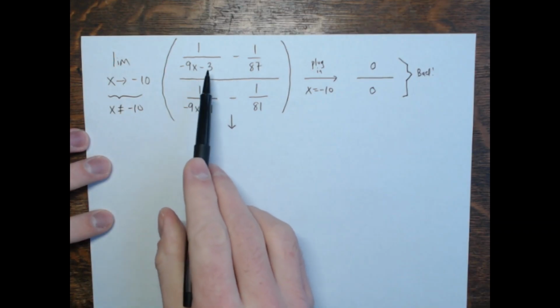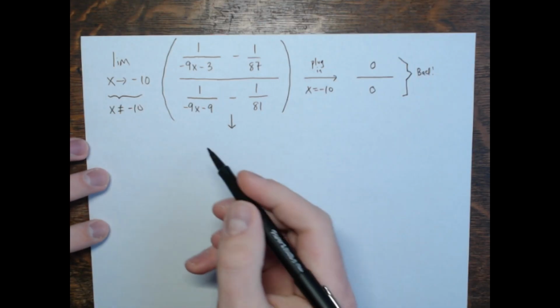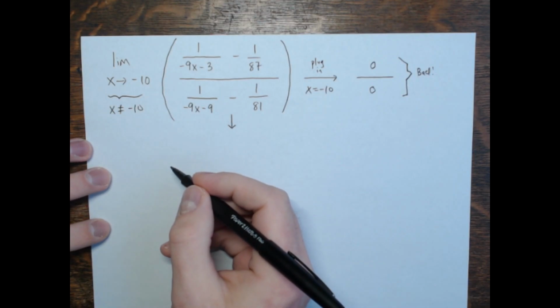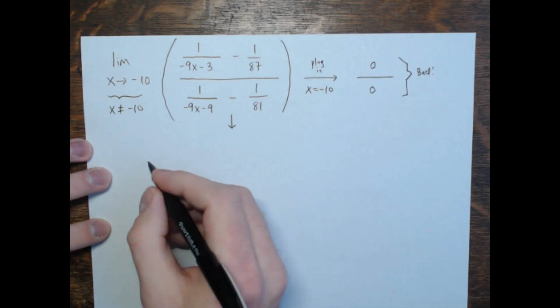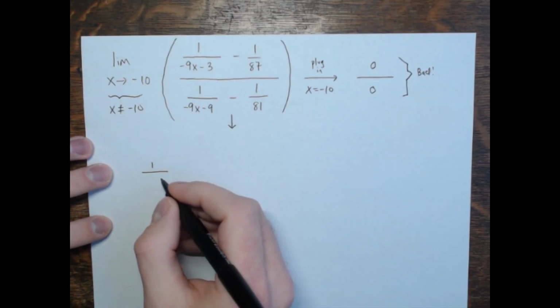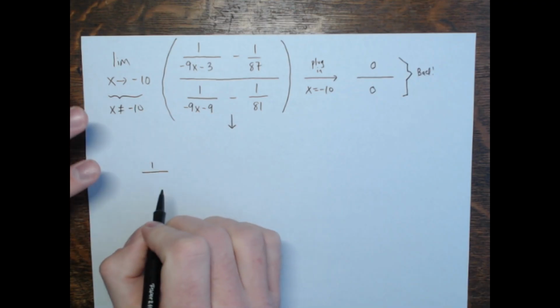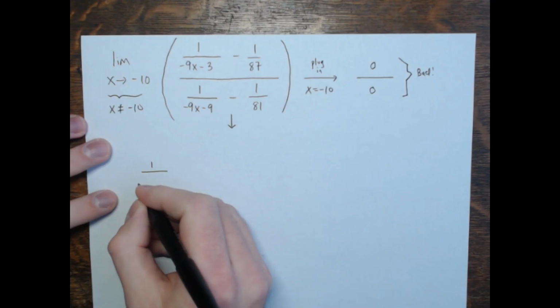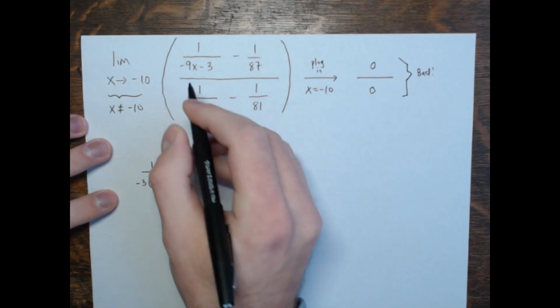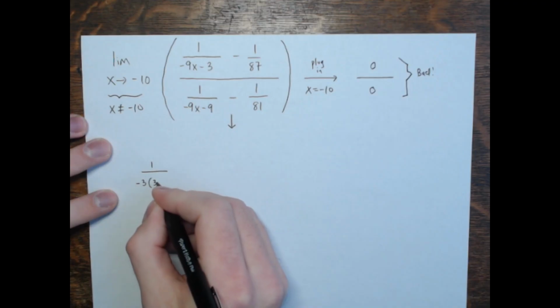Now, I'll work with the numerator expression and the denominator expression separately. So when I'm putting this numerator together, I want to factor my denominator, so I'm trying to get a common denominator, right? So I'm going to pull out negative 3 from that. If you pull out negative 3 from negative 9x minus 3, that'd be negative 3 times 3x plus 1.